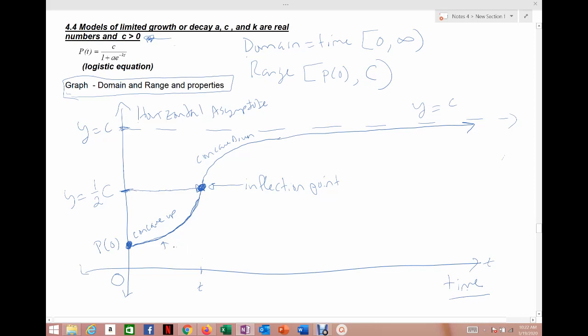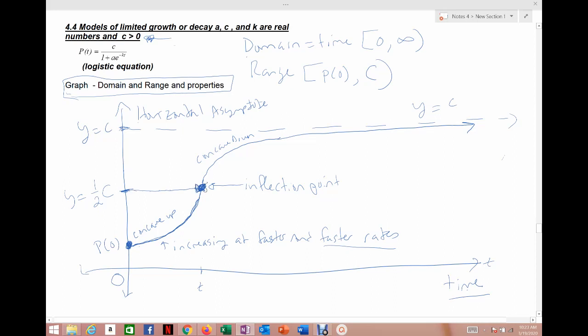I'm increasing my population at faster and faster rates. So my population's increasing, and it's increasing faster. It's exponentially increasing on that piece, which represents a piece of an exponential function.